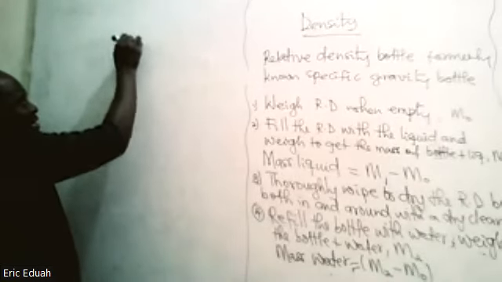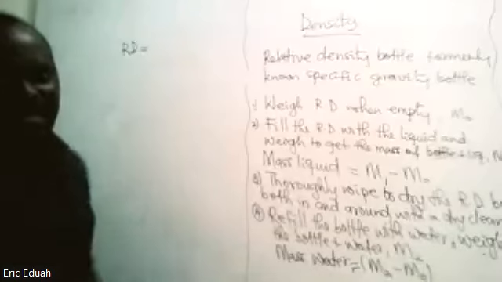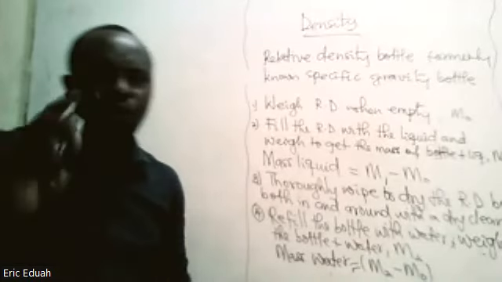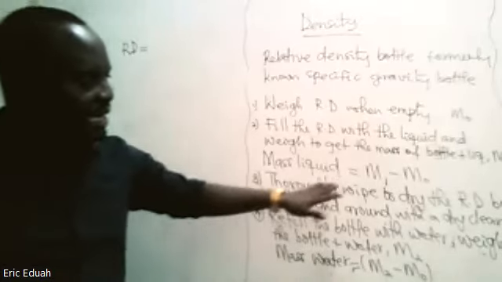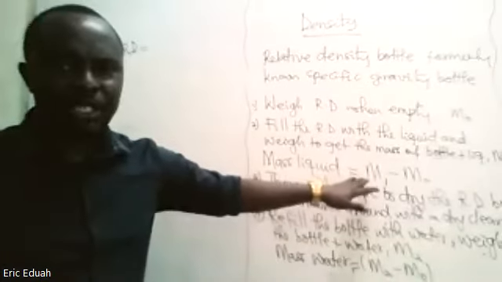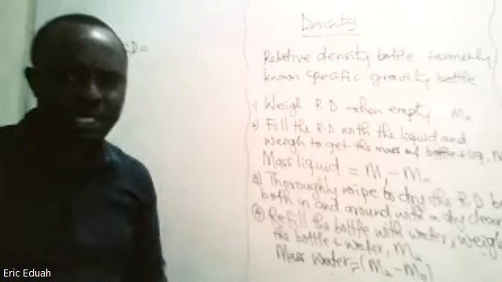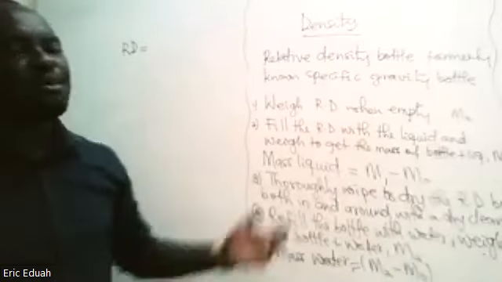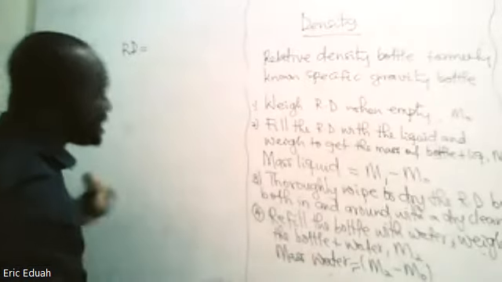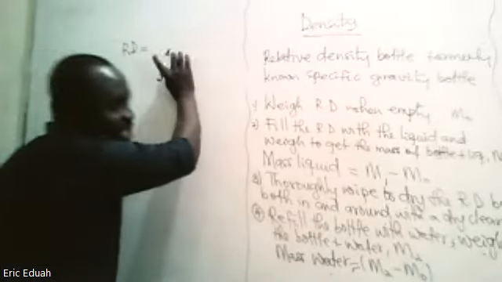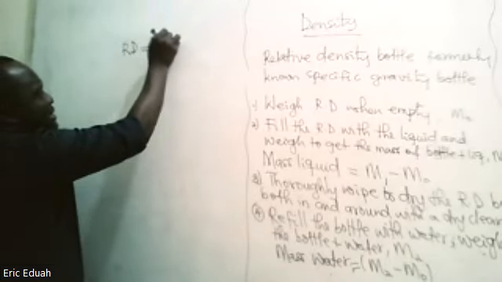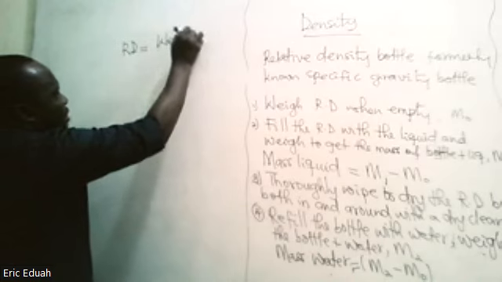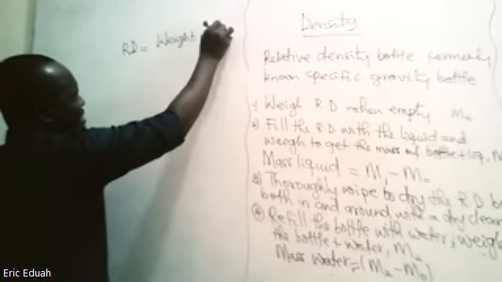Relative density. Here, what are we doing? We are comparing the mass of the liquid whose density is to be determined by the mass of equal volume of water. So RD, which is relative density, is equal to the weight of substance.